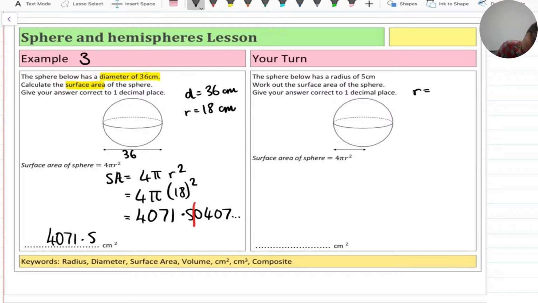So my radius is equal to 5 centimeters, which means my diameter is equal to 10 centimeters. Surface area is 4 pi r squared, which is equal to 4 times pi times 5 squared.